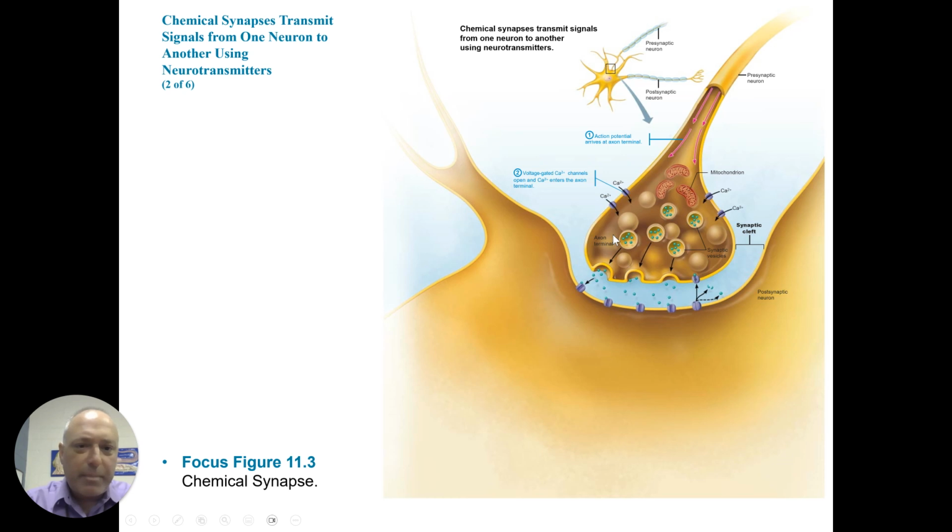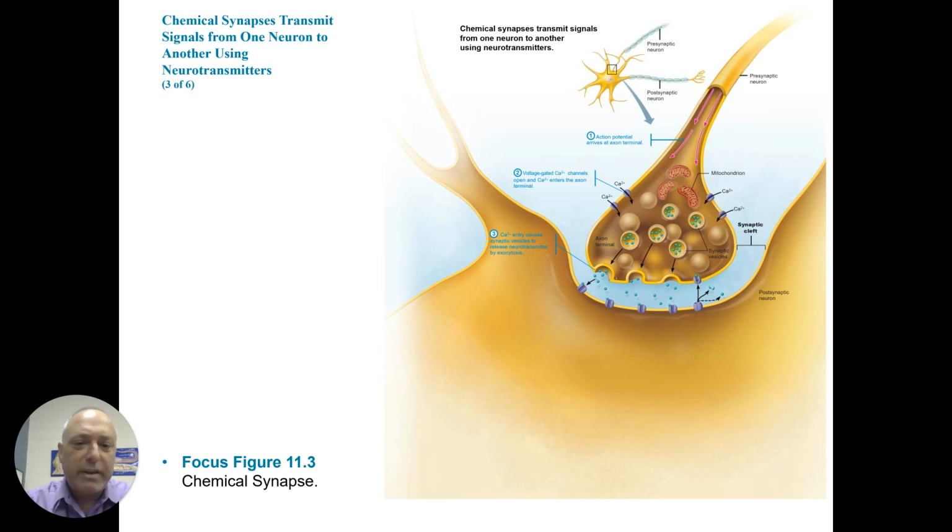So the first step is the action potential arrives at the axon terminal. Then voltage-gated calcium channels of the axon terminal will open. Calcium entry causes the synaptic vesicles to release the neurotransmitter by exocytosis. The neurotransmitter diffuses across the synaptic cleft and binds to its receptor on the postsynaptic membrane.